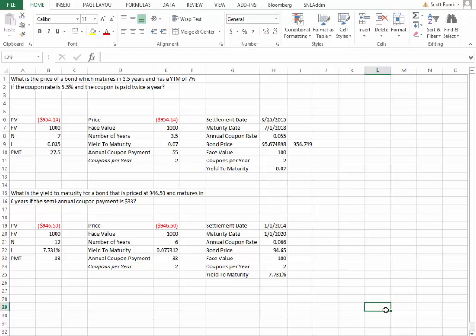So we're missing the functionality that we have with the very simple model on the left, in that we can solve for basically all of those things. We can solve for price, we can solve for the number of years to maturity, we can solve for the yield to maturity, and we can solve for the payments. So anyway, I just wanted to expose you to this other model over here. It'll be in your textbook, so it's handy to know that as well.